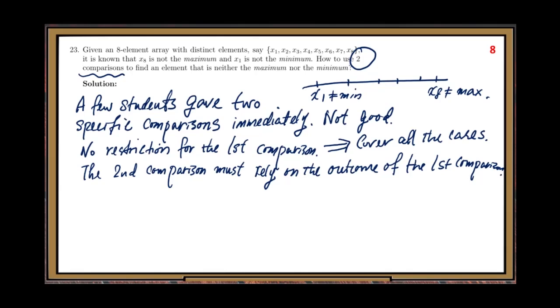Before you know the intermediate result of the first comparison, you already give the second one, so you couldn't do the best way, and you may miss a few cases.